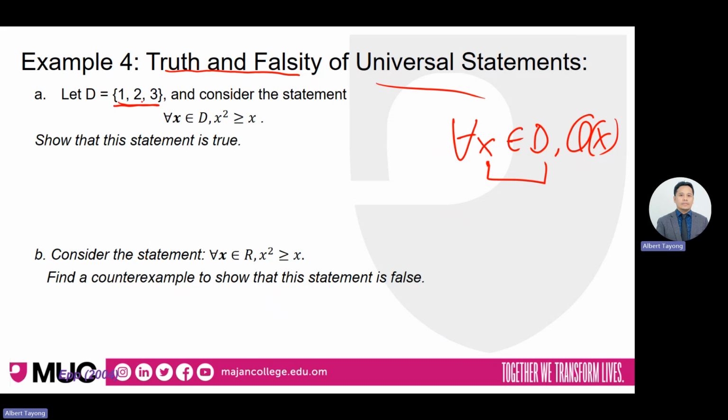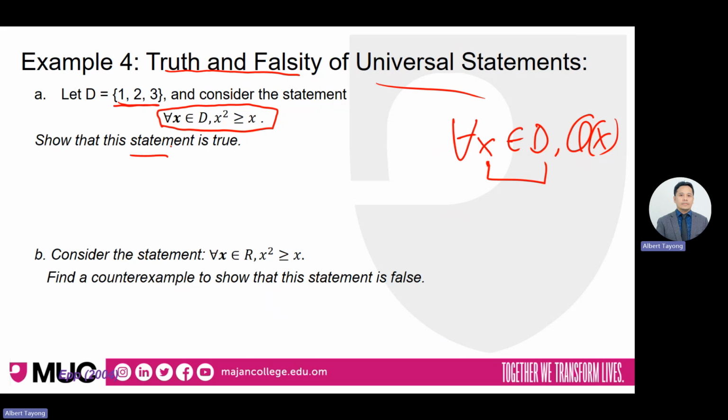But since the domain is given, a set containing 1, 2, and 3, this whole predicate form is a statement.